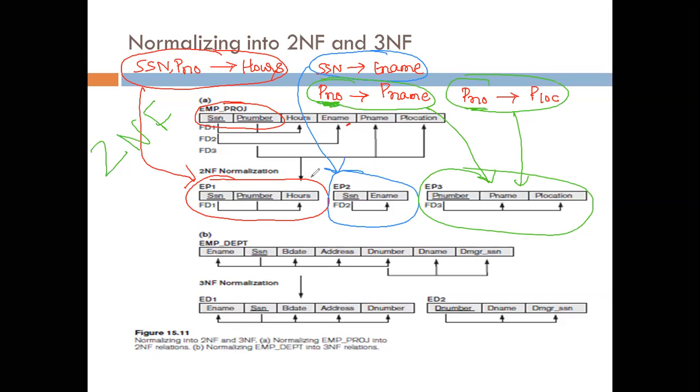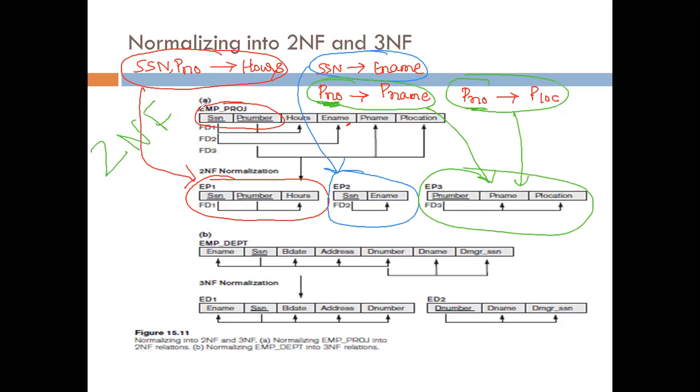It cannot depend on one attribute of a primary key or two attributes of a primary key, leaving others. So here, employee name, if it has to satisfy second normal form, has to depend on both SSN and project number. But in this case, it is not so. It is depending on only one.